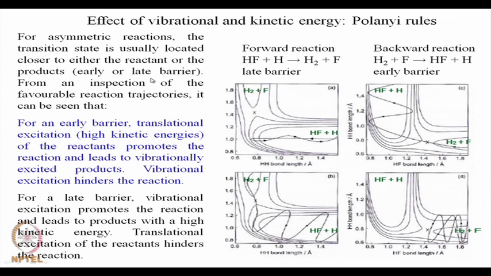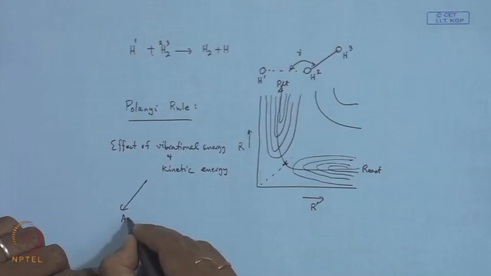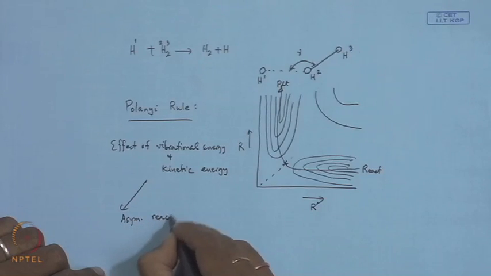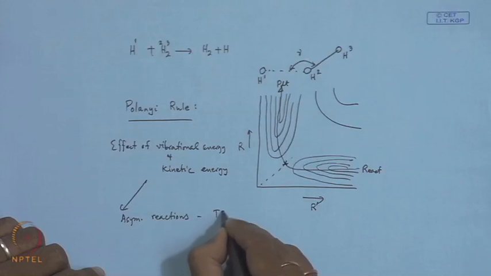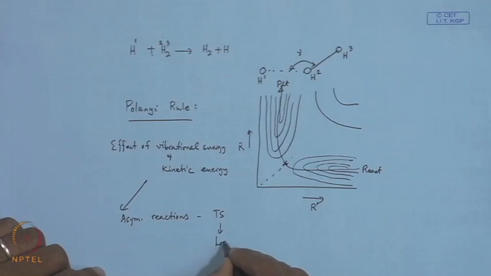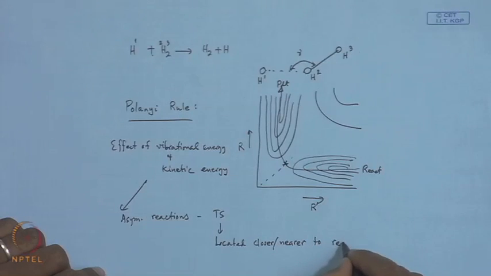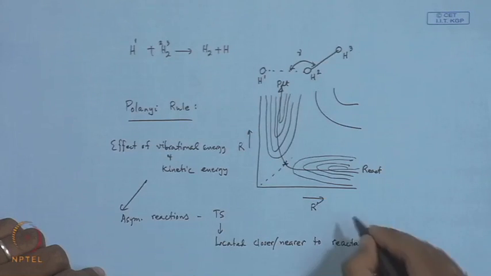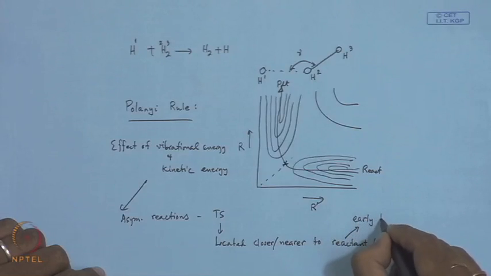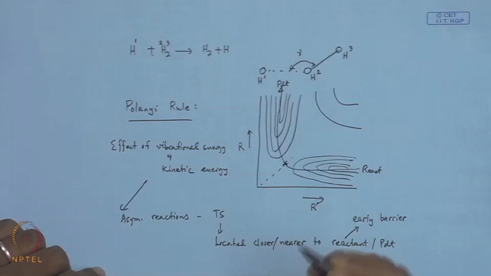If it is nearer to the reactant, it is called an early barrier or early transition state, that is, the barrier is closer to your reactant side.